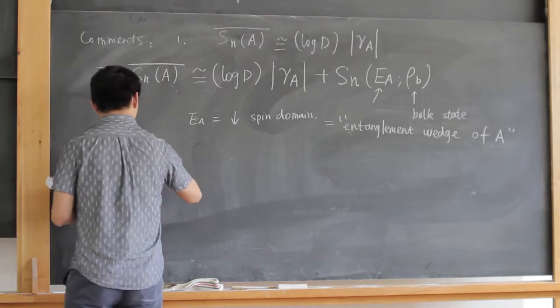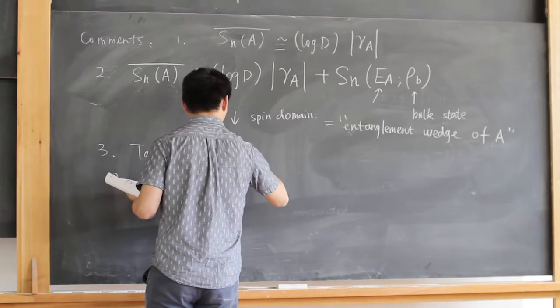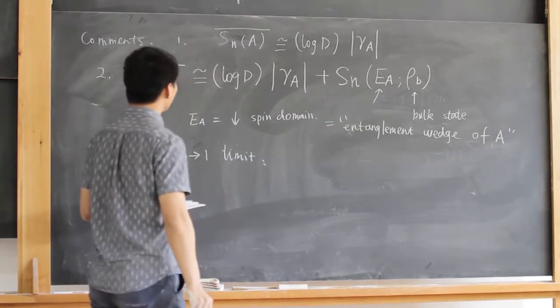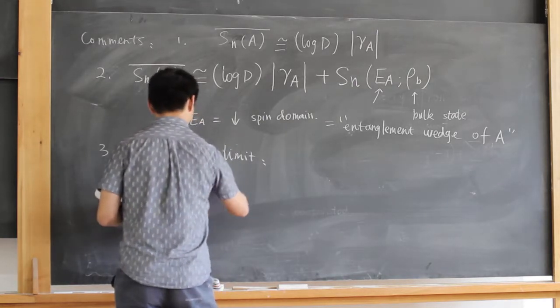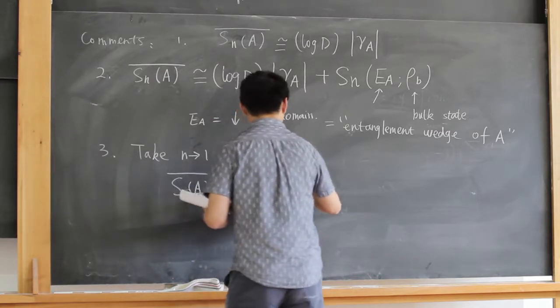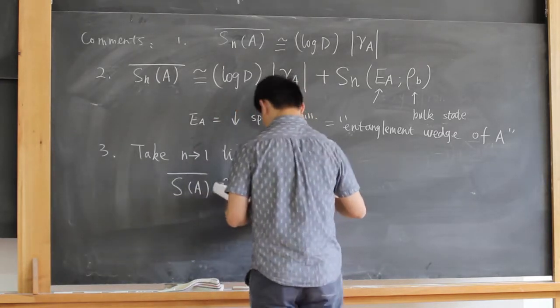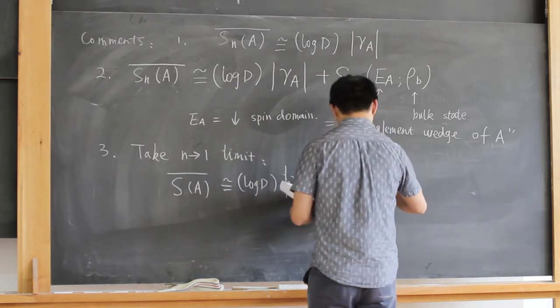So now we can take the von Neumann entropy limit, n goes to 1, and this is trivial to do, and we find the von Neumann entropy is equal to log d times gamma A plus a bulk von Neumann entropy.